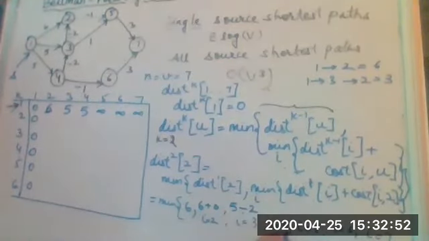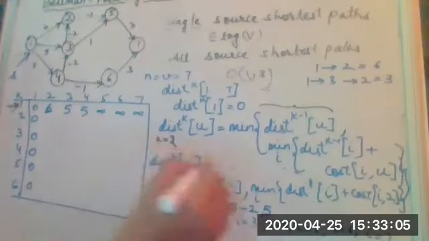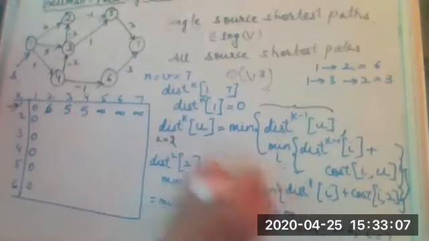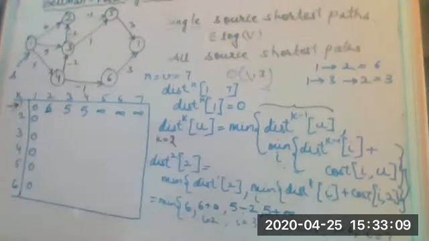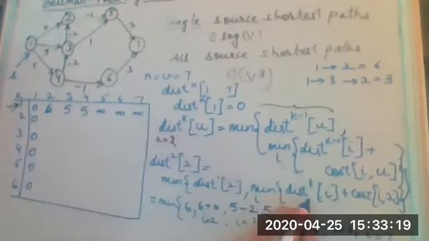I equal to 4. This value is distance of 1, 4, which is 5, and cost of 4 to 2. 4 to 2 is how much? Infinite value. Yes, 4 to 2, there is no direct path, so it is going to take infinite value. Then I is equal to 5. So for I equal to 5, we already have the infinite value for the first term.